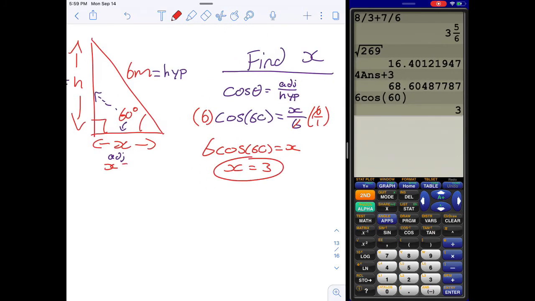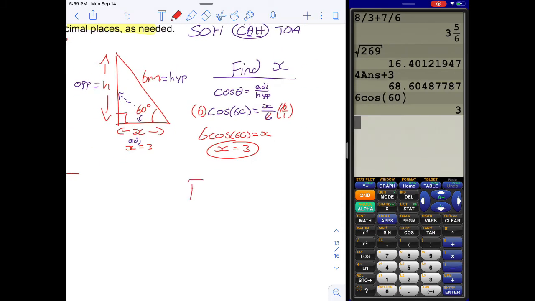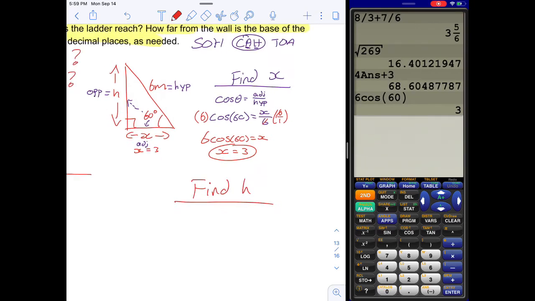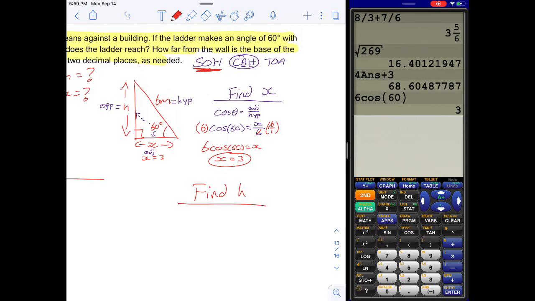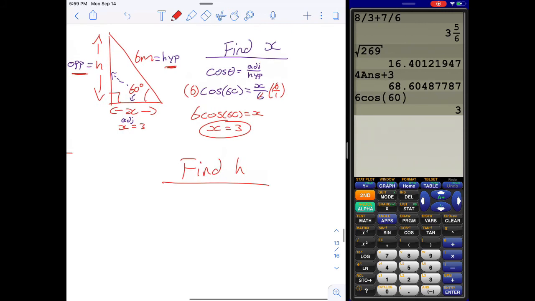Okay, so now we have x equaling 3, and now it's our job to find h. You could use sine, because you're trying to find opposite and you have hypotenuse. You could even use TOA, because you have the adjacent and you're finding opposite, or you could use Pythagoras. I'm going to use Pythagoras, just to remind us. So a squared plus b squared equals c squared.